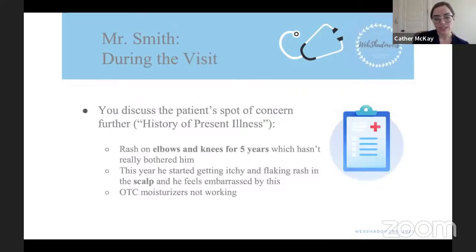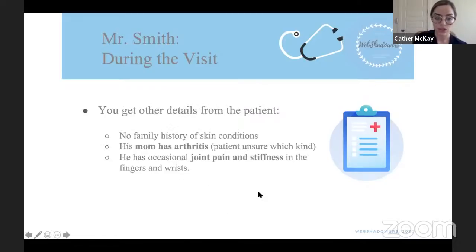So during the visit, he's really had a rash on both of his elbows and knees for about 5 years, but he hadn't really been too concerned with it. But this year his scalp was starting to get itchy and flaking, and he can't hide this. So he feels embarrassed, and he wants to know what he can do about it. And he's only done over-the-counter moisturizers. So he's treatment naive.